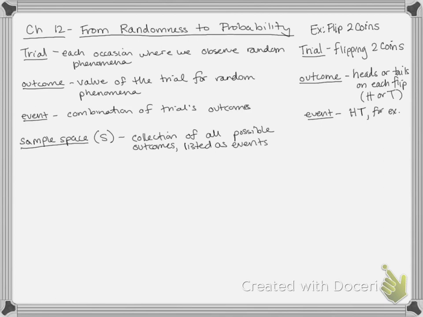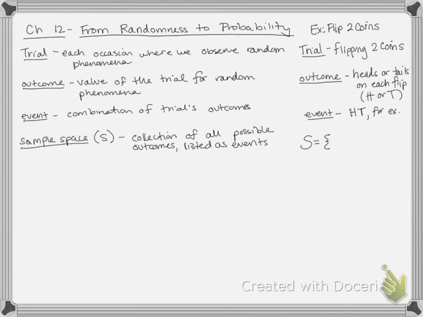So what I mean by that is that the sample space, in this case, I'm going to use fancy bracket notation. And my sample space is going to consist of all the potential outcomes that I could have, but I'm going to list them as events.